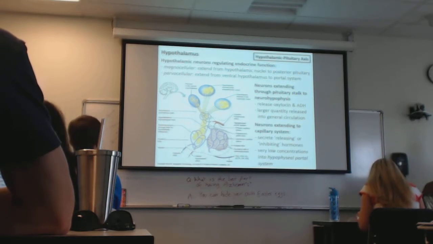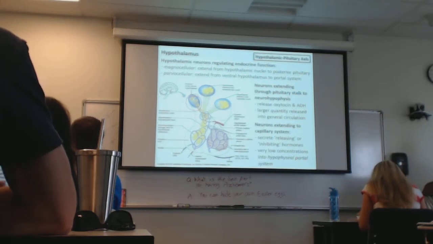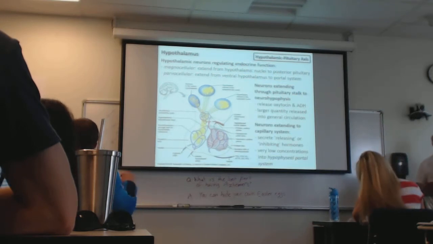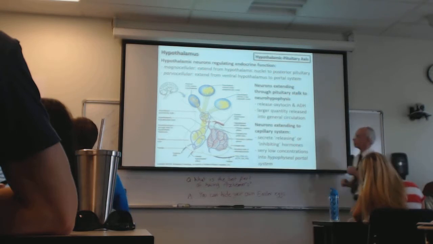The parvocellular neurons, and you can see these neurons are smaller and shorter. Where they terminate anatomically is not that critical, but what I want you to notice is they terminate at this proximal capillary system. In this illustration, those purple blood vessels are part of that portal system that we talked about earlier. That portal system extends from the pituitary stalk into the anterior pituitary gland.